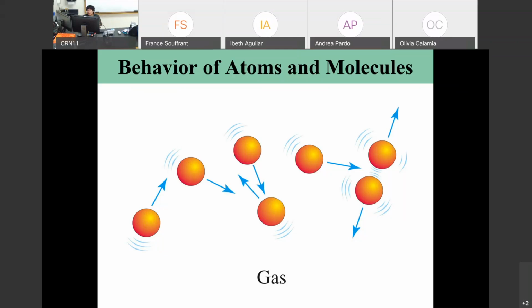And remember when we talked about collisions in the last chapter, ideally, when we talk about an ideal gas, we assume that the collisions are elastic. That means that there is no loss of energy or momentum. Momentum, you know, it conserves. But there is no loss of energy either.